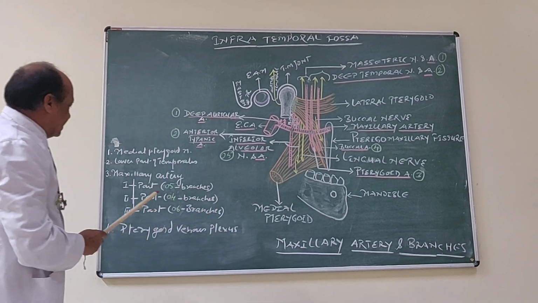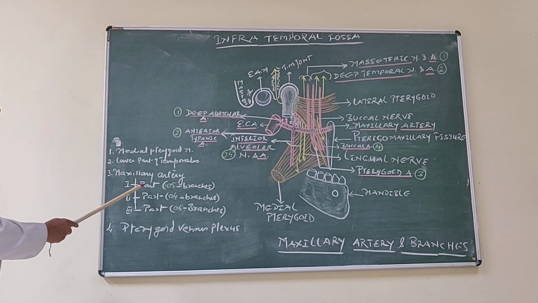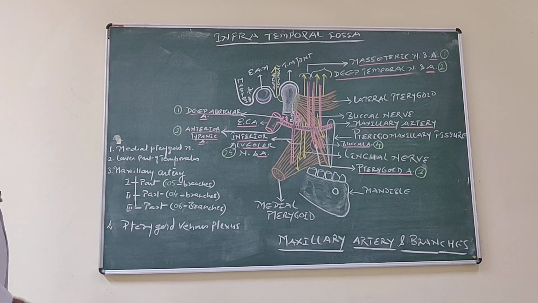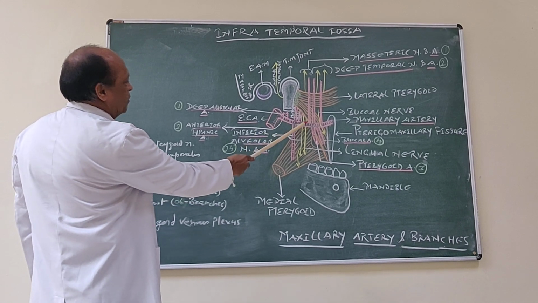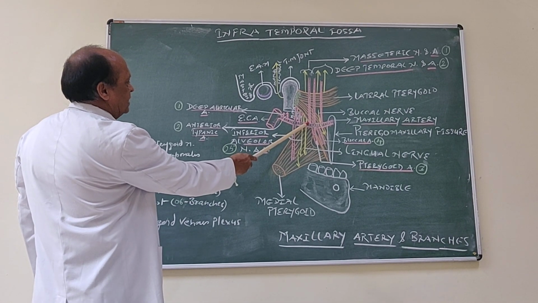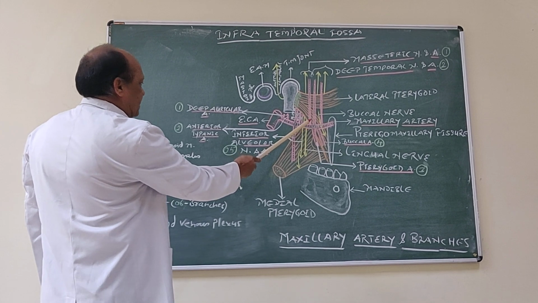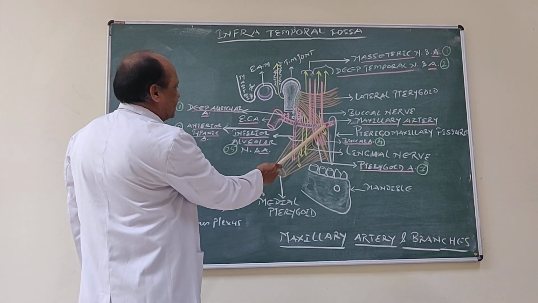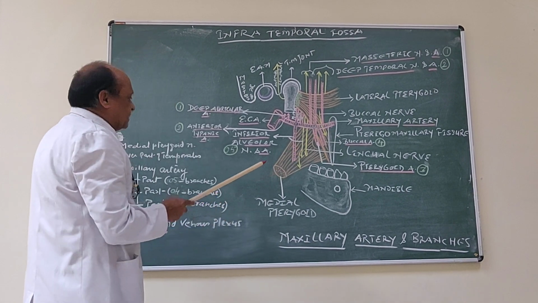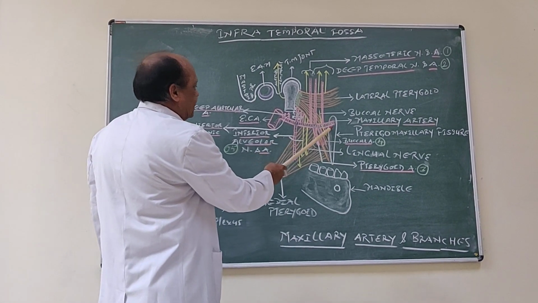For convenience, it is divided into three parts. The first part extends from the origin to the lower border of the lateral pterygoid muscle. The second part runs on the surface of the lateral pterygoid, and the third part lies within the pterygopalatine fossa.